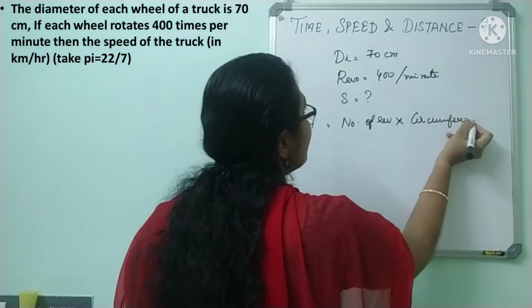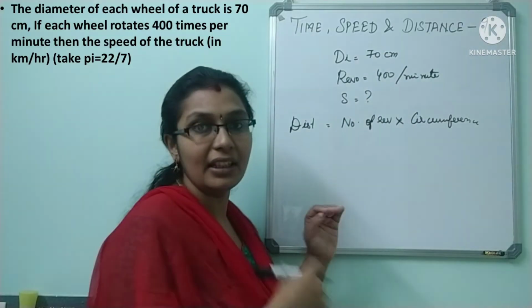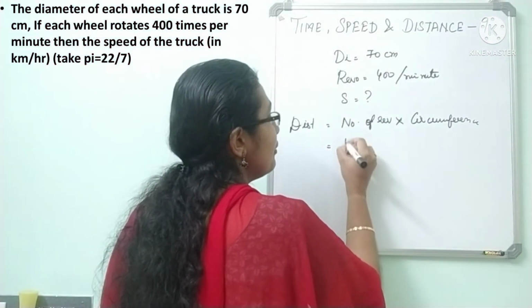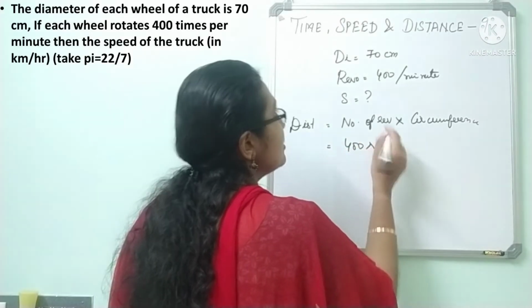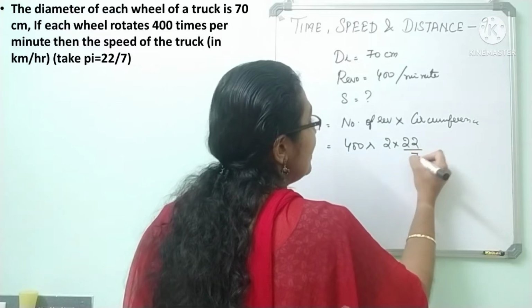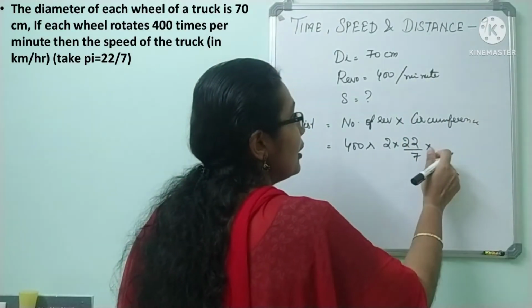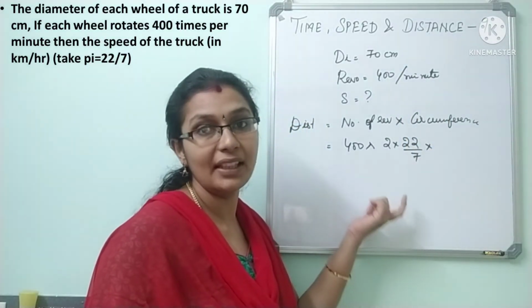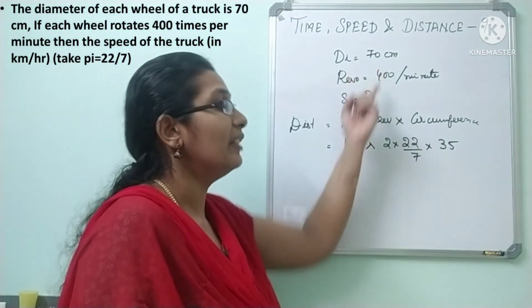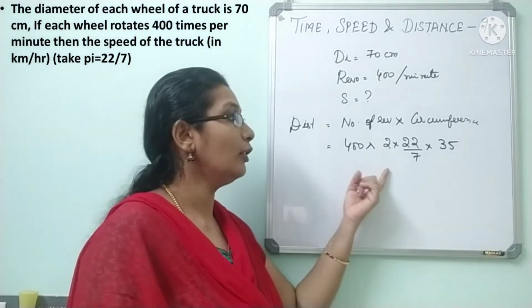So here, since it is diameter, you can either convert it to radius or use the diameter as usual. So number of revolution is 400 into circumference, which is 2 into 22 by 7 into 70. If you are using radius, so 35. If you are using 70 directly, you can use it as pi d, not 2 pi r.